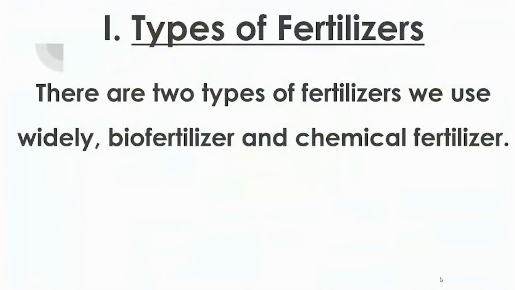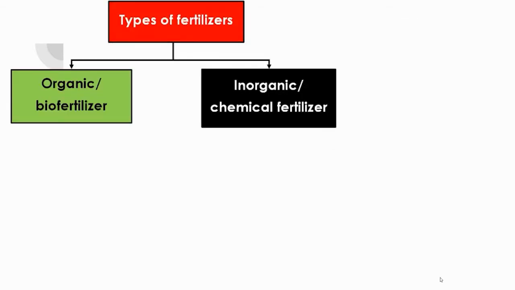So the second point is talking about types of fertilizer. There are two types of fertilizers we use widely: biofertilizer, which we can call organic fertilizer, and chemical fertilizer. This diagram will show you the details of the two types. First is organic or biofertilizer.